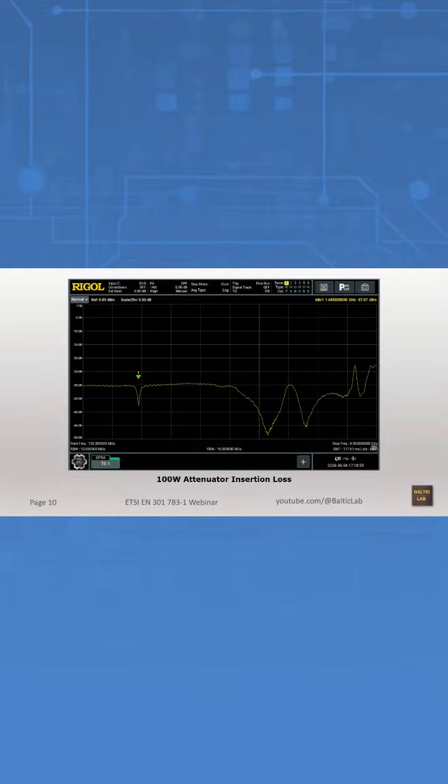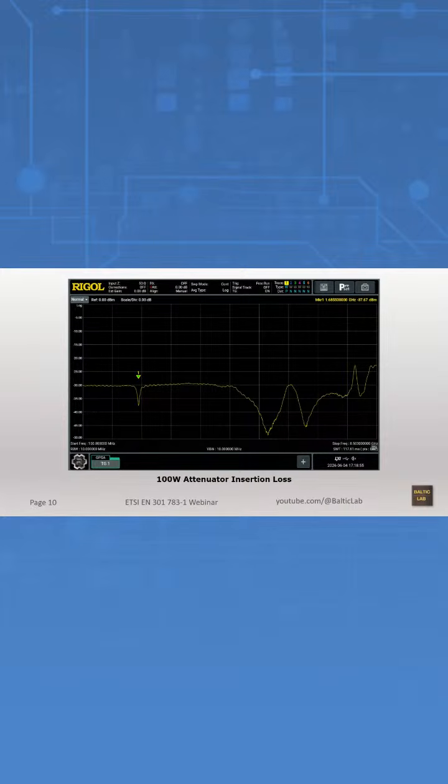Let's start with this marker here. This one is at around 1.65 gigahertz. It drops to minus 37 dB insertion loss. That is 7 decibels more at this location than it should be. Obviously, measurements at this location may be wrong. Well, not may be wrong, will be wrong.